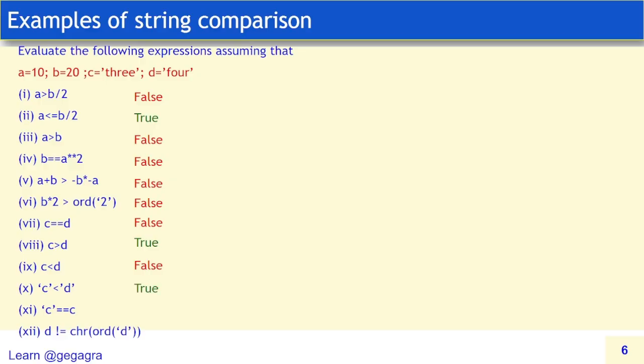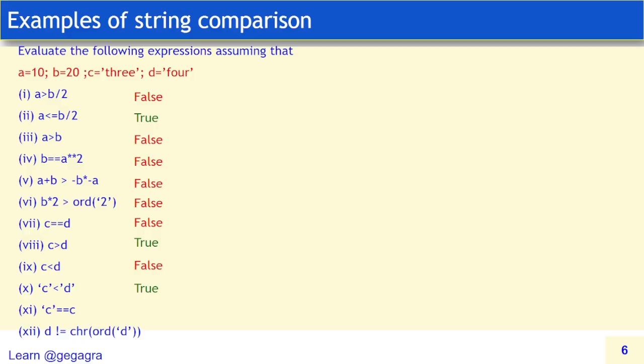When you say character C is equal to C, so C is basically 99, and C without quotes is the string, that is 3.